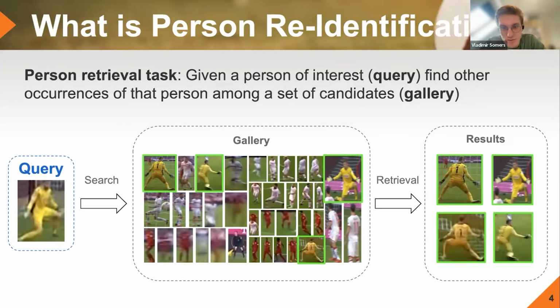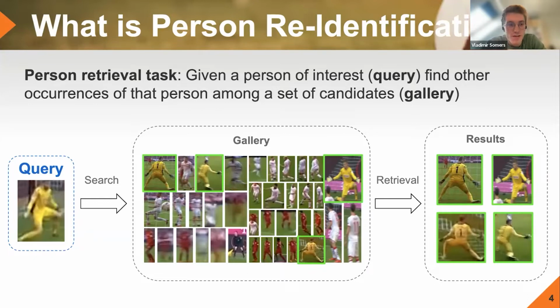So let's start with our task. What is exactly person re-identification or ReID? Person re-identification is a person retrieval task. This means that we are given a person of interest, which we call a query. This is the goalkeeper in yellow that you see on the left.